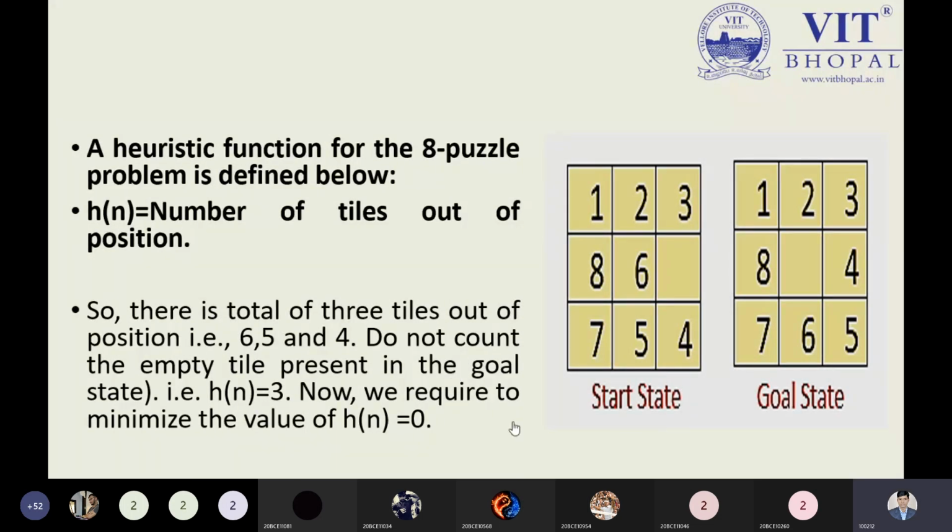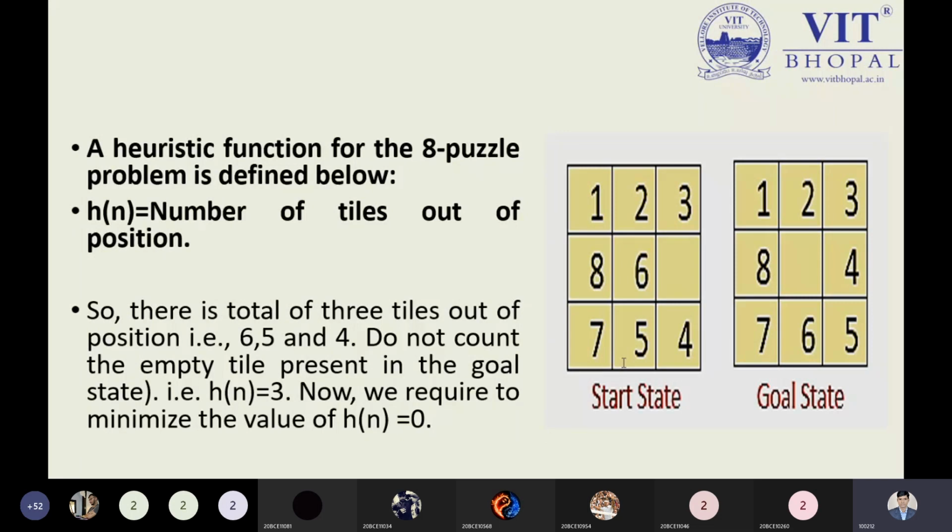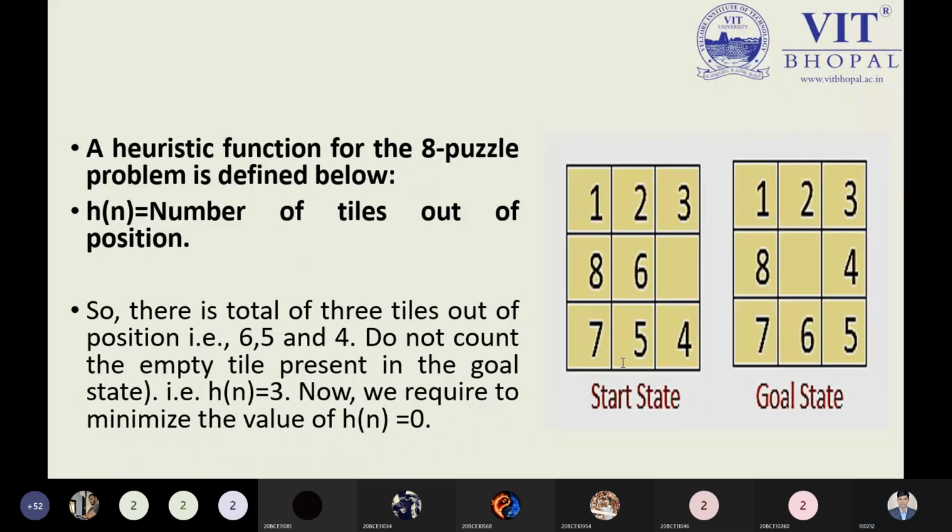Okay, so now you can see this example, and it is an example of the 8 puzzle problem, where we have a start state and a goal state. Our task is to slide the tiles of the current state, or start state, and place them in order as in the goal state.